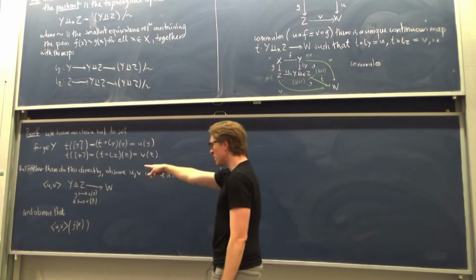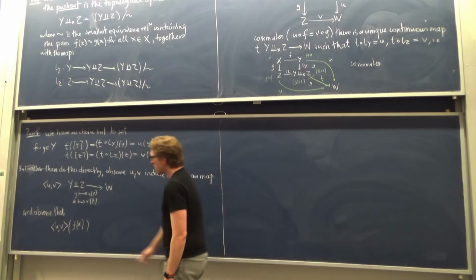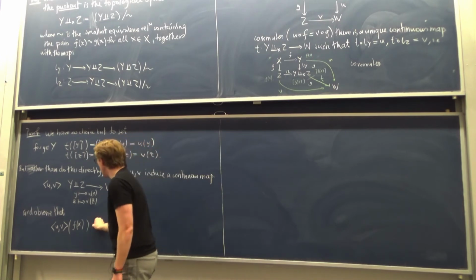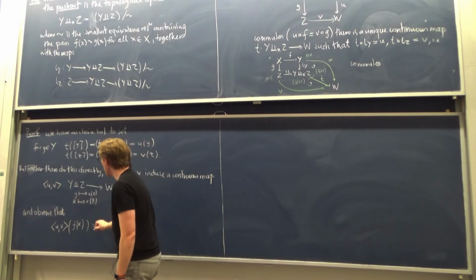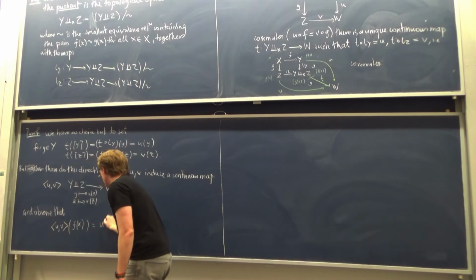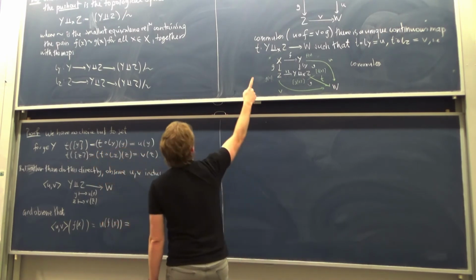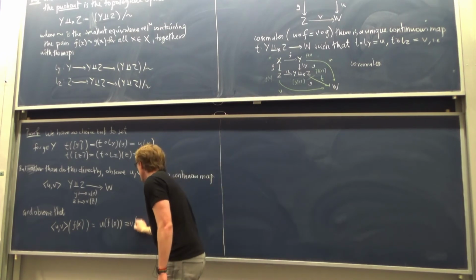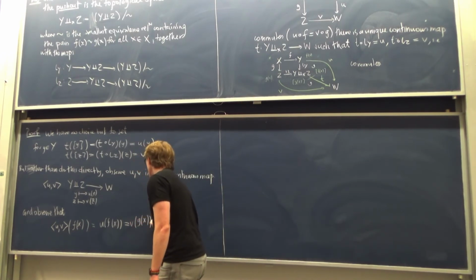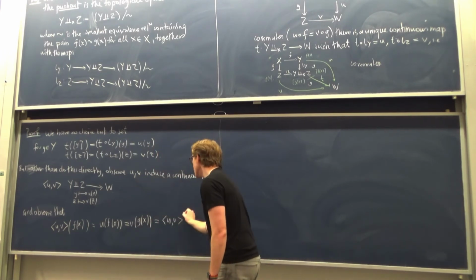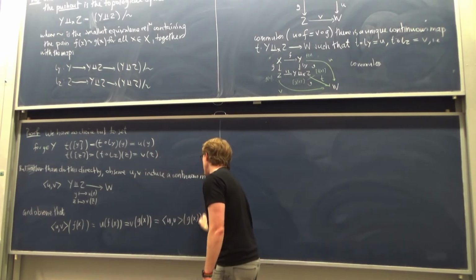What's going into this function as an element of the disjoint union? Suppose it's something of the form f of x. That is, I applied f and then I thought about the image as an element of the disjoint union. Well, that's a y, so the output is using the first component. So that's U of f of x. But by commutativity of that diagram, that's V of g of x, which is what I would get if I applied this new map out of the disjoint union to g of x.